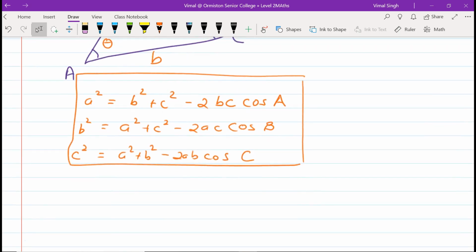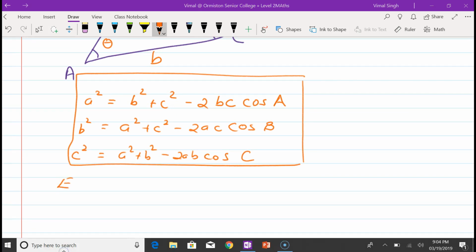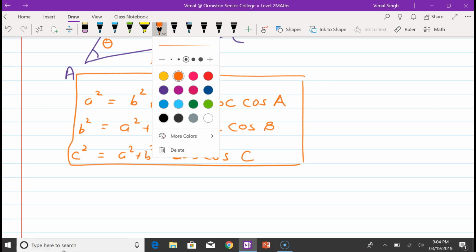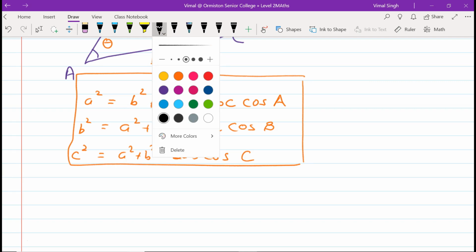So let's just do one example. I think I'm going to change the color of this pen. I don't like that, so let's choose this color here. So example.